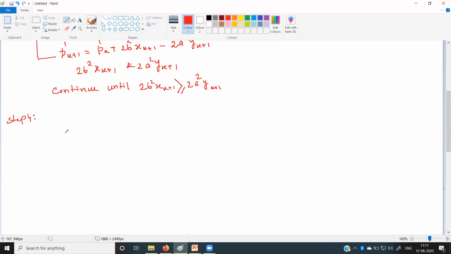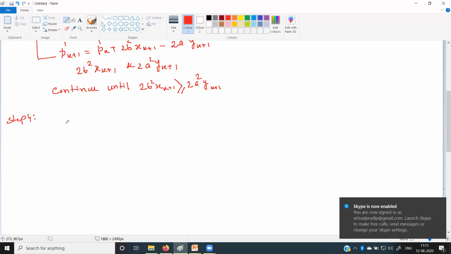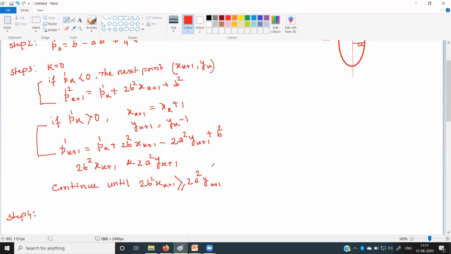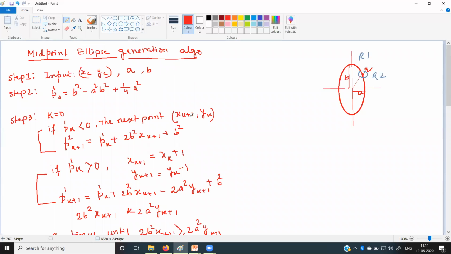In our step 4, we will find the points for region 2. So far, whatever points we have detected, these points, are the points for region 1. Those points belong to the arc of the ellipse.